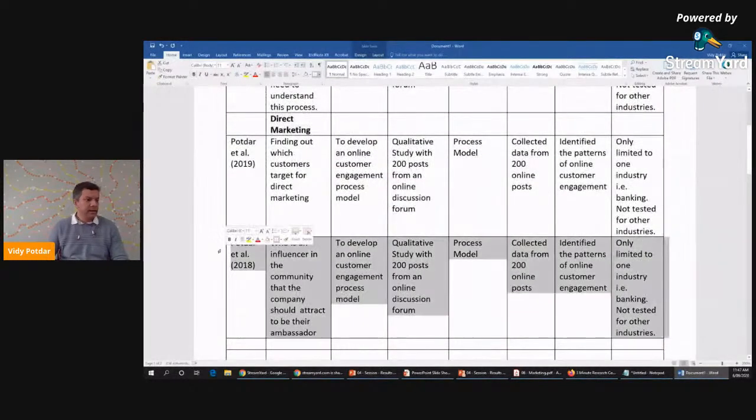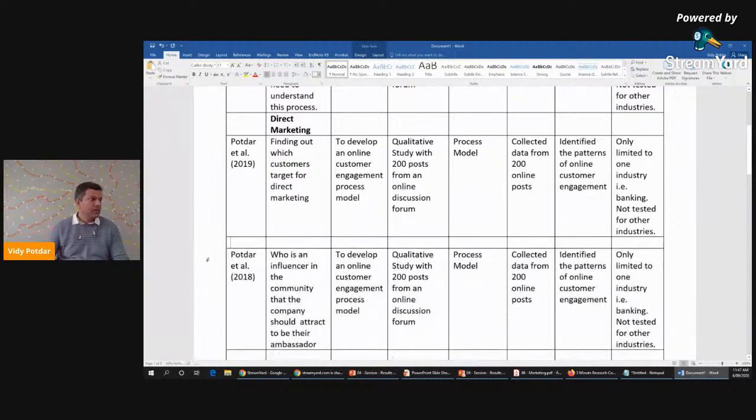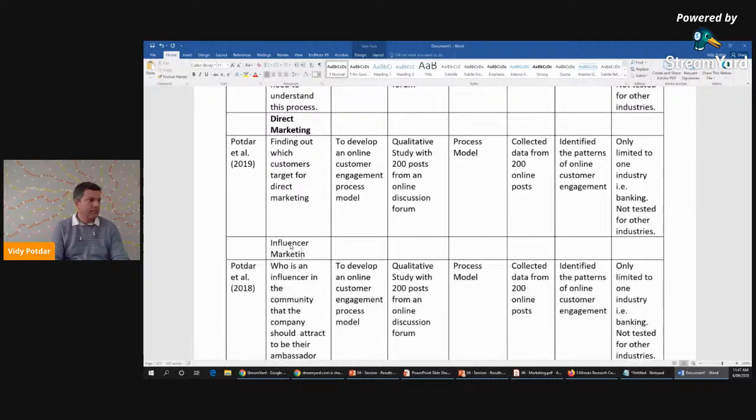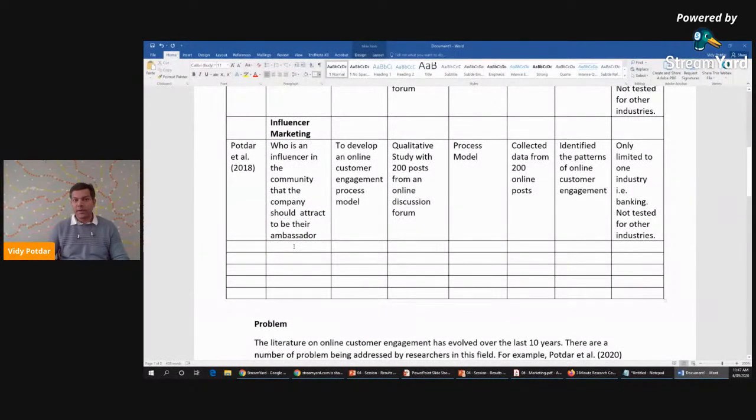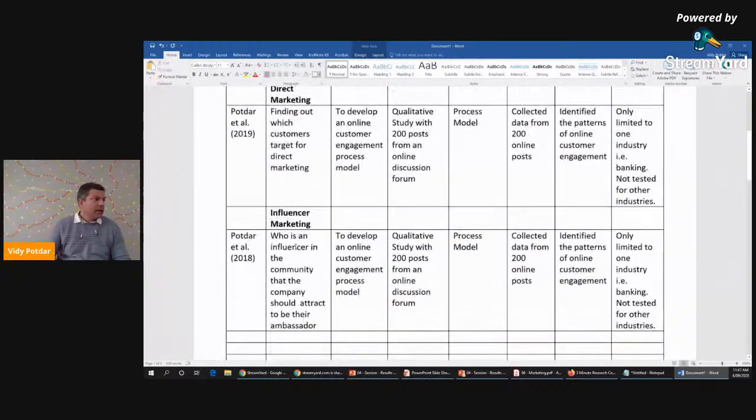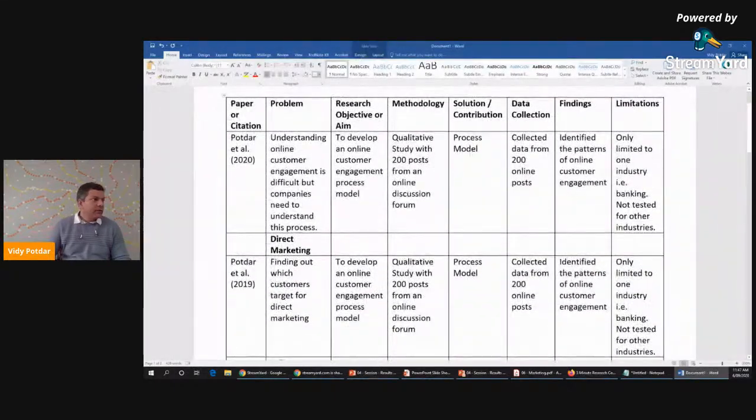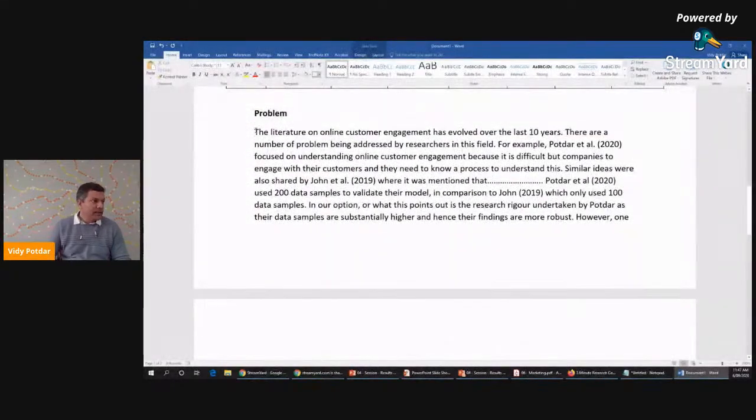And then you can create another heading here. Influencer marketing. Any papers that go here in this category. When you're doing that, in fact, what you're doing now is within the problem section of your literature review write-up, you are creating subsections.